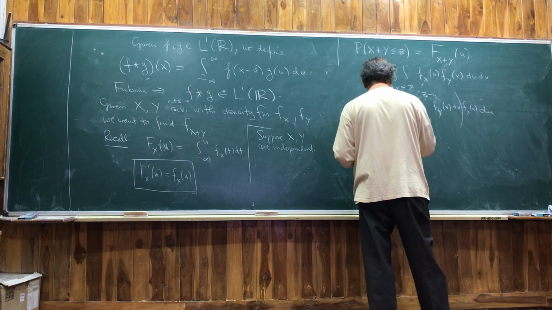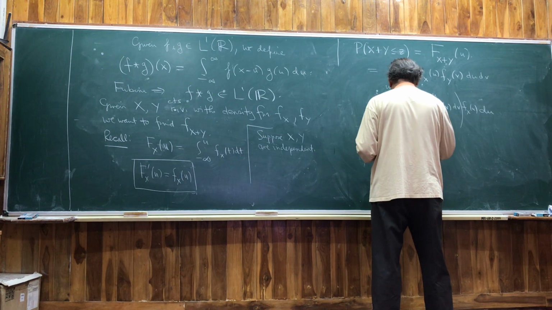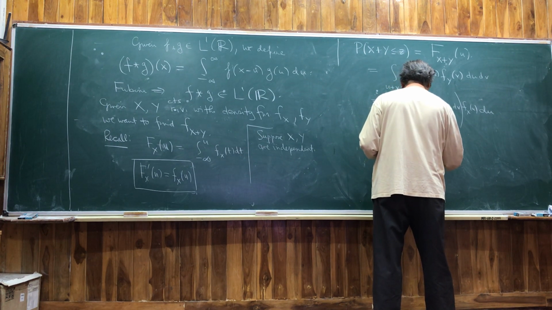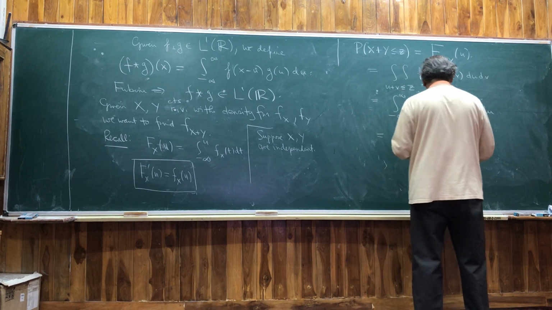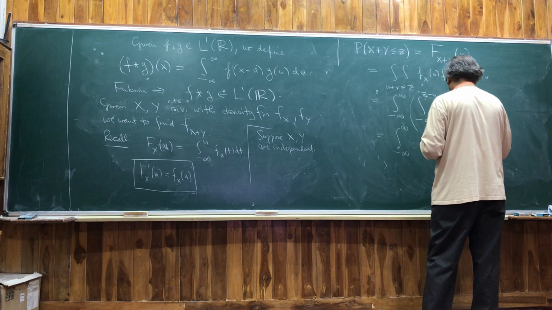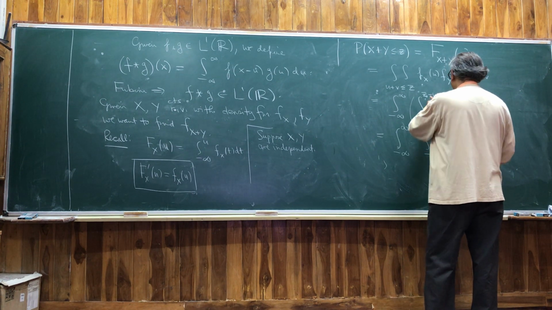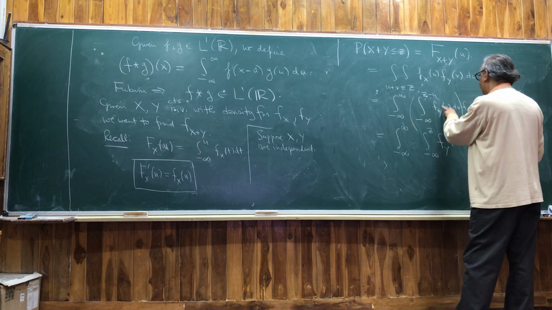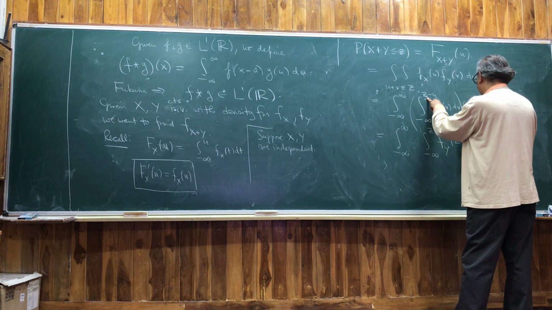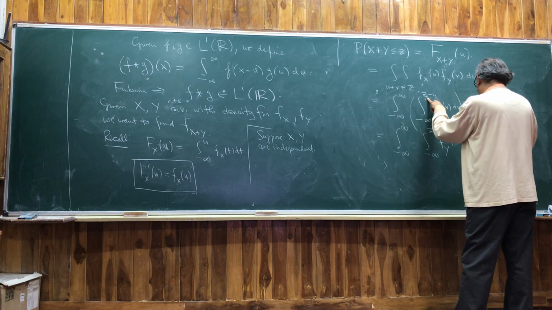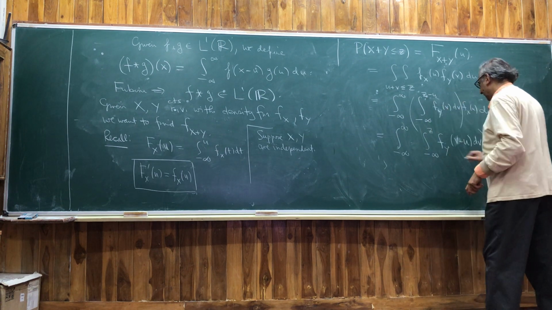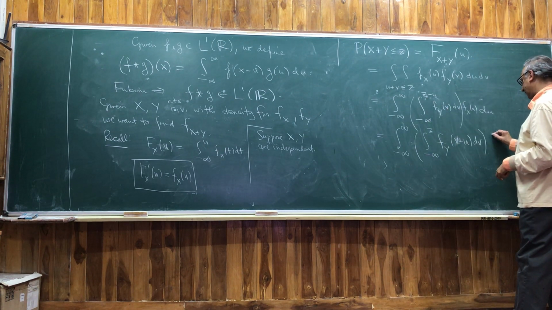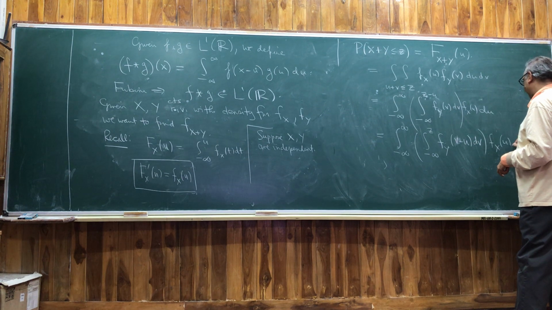So this is the same as the integral from minus infinity to infinity, and the inner integral from minus infinity to z of f_y of v minus u dv, and this is just f_x of u du.